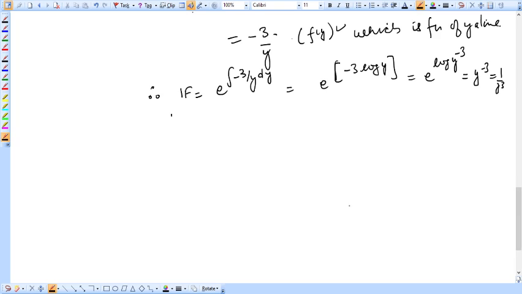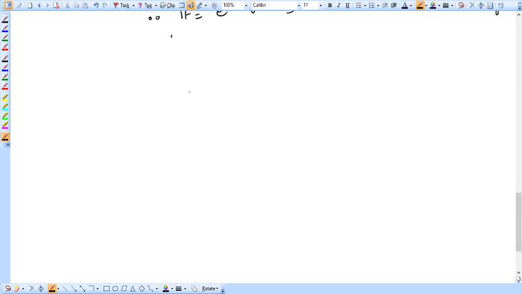So therefore the integrating factor in this case is 1 over y cube. Actually it is the modulus, so the integrating factor could be 1 over y cube, also minus 1 over y cube.